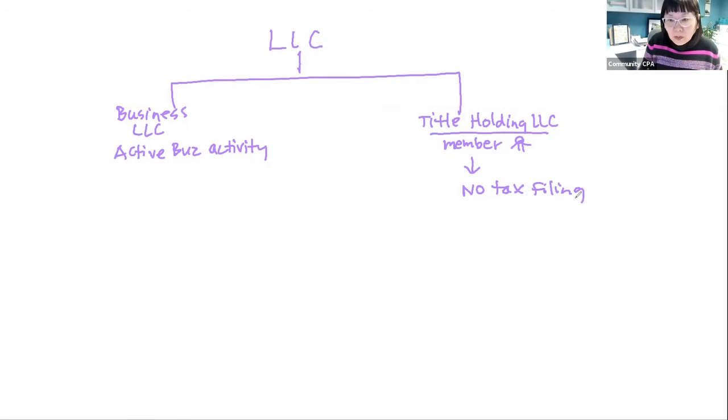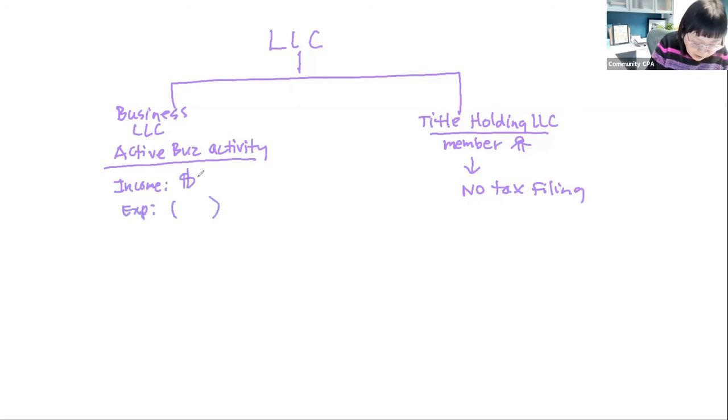You are the title holder, so it is just on your income tax return. If you ever rent that out, if you don't, there is no need to file a tax return. But when you have a business LLC, yes, you do, because remember you have income, you have expense, then you have profit.